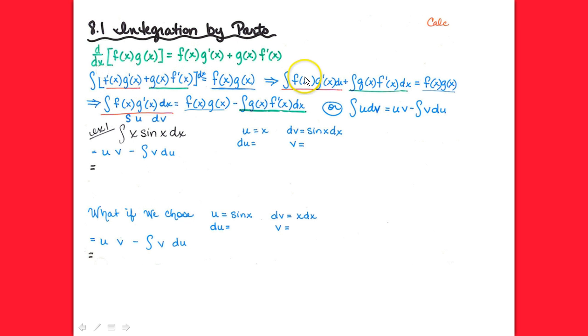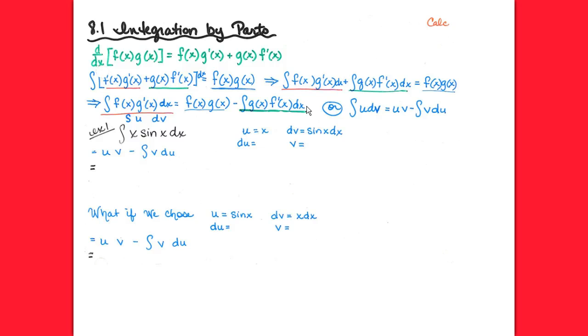So of course I can break that into two separate integrals that are being added, still equal to that same product. If I take this second integral and subtract it over to the other side, so I'm taking that green piece and moving it over to the right hand side, then that'll give us the formula that we see here. That is our formula for integration by parts that they give us in our textbook.